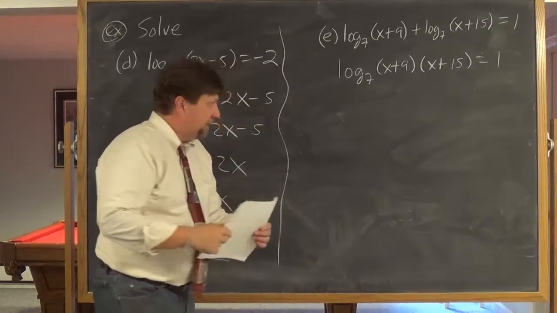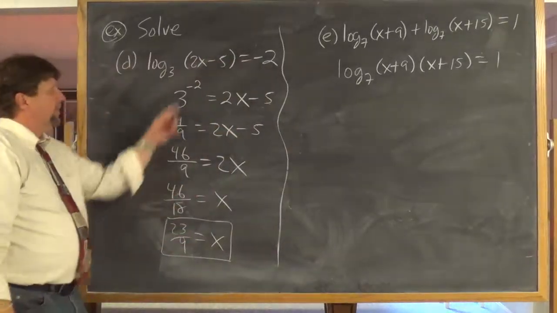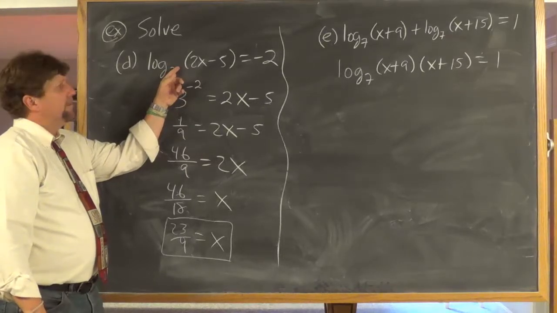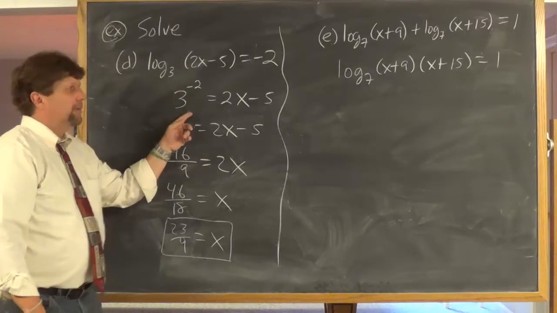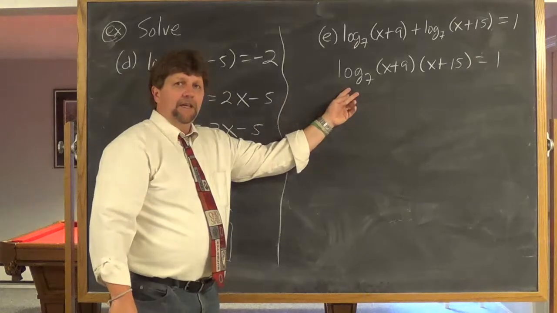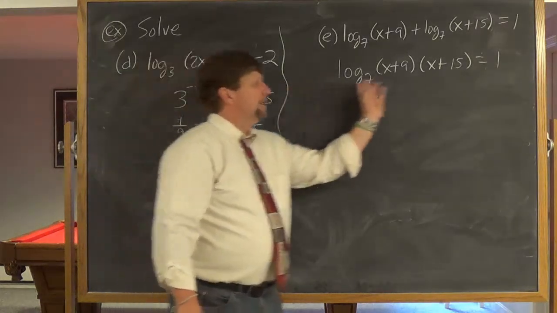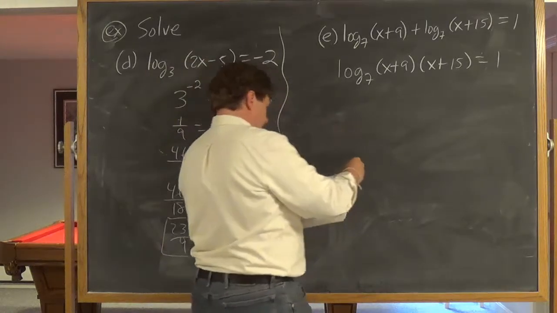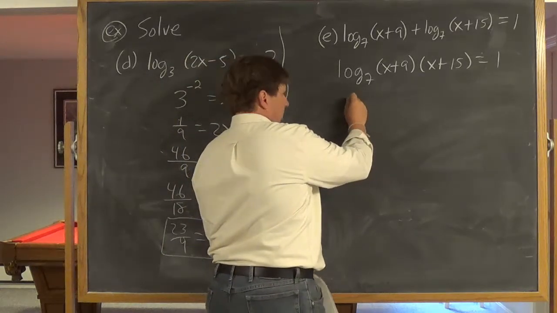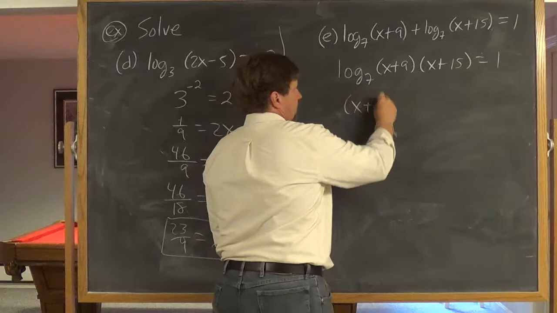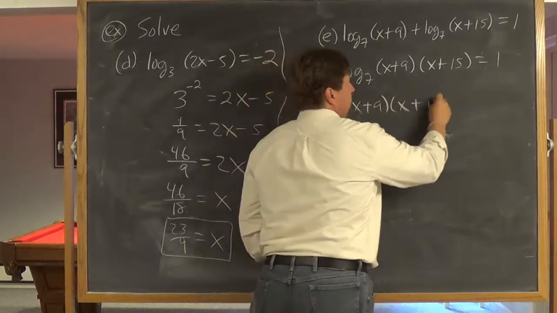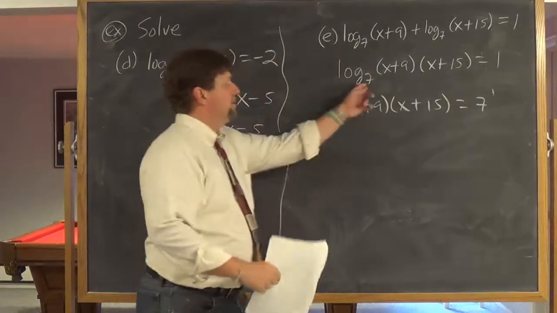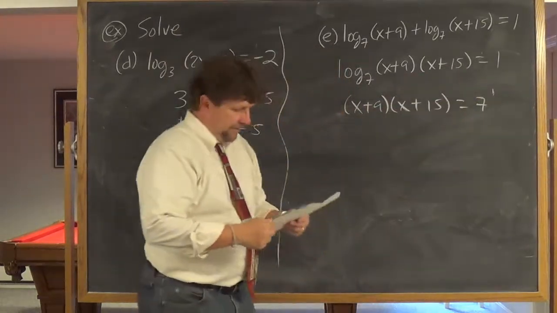And now just like here, our first step is to rewrite this logarithm into exponential form. We can rewrite it as x plus 9 times x plus 15 equals 7 to the first power.